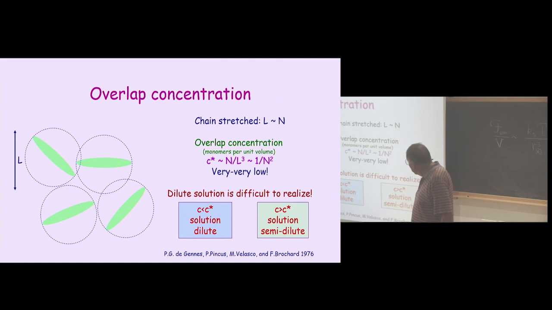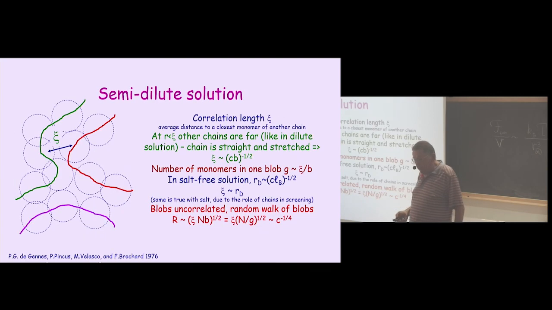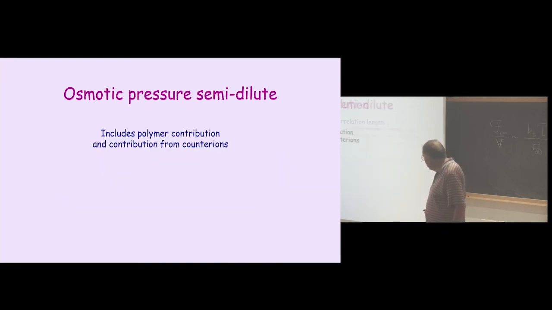There is controversy about it, and there is overlap concentration, and there is the story of semi-dilute solution and the concentration blobs, which Professor Brule told you about, how to measure correlation length using scattering. You can do scattering for polyelectrolytes, and you discover that there is an unusual dependence of correlation length on concentration, and importantly, there is a concentration blob in which your chain is basically stretched, basically straight, just a single chain in the Flory case.